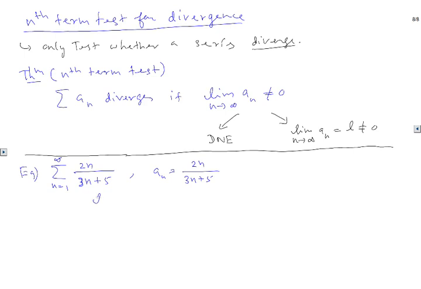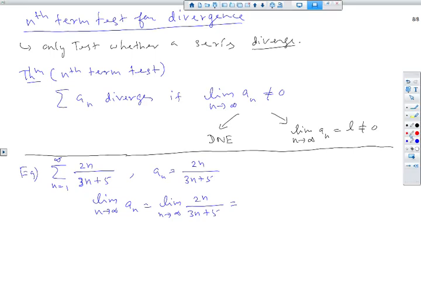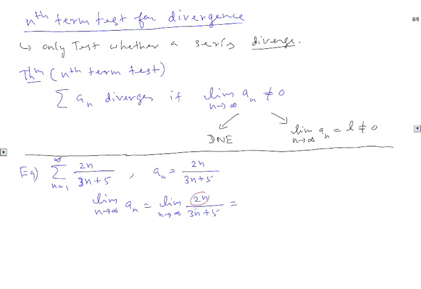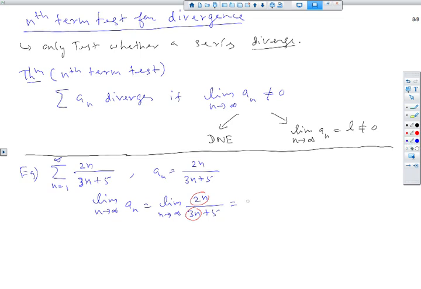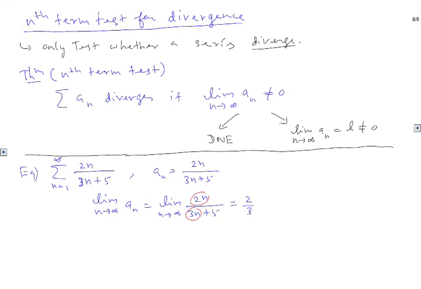If you take the limit as n goes to infinity of a_n, which is the limit of 2n over 3n plus 5, you only need to worry about the dominating terms. If you divide those two terms, you get 2/3. So the limit is 2/3.